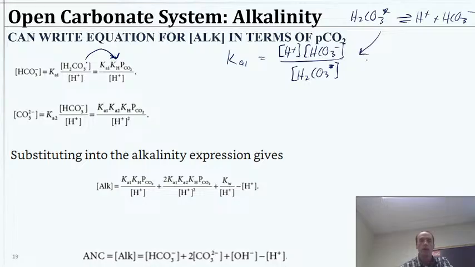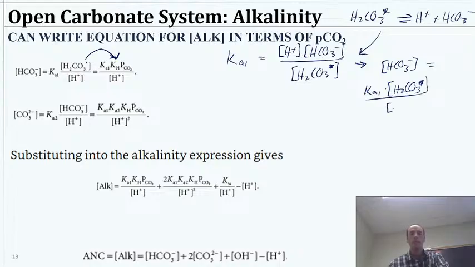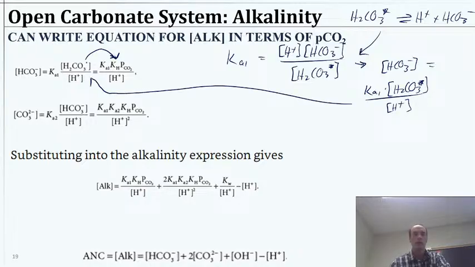So we're describing it there, and we rearrange to solve for HCO3 minus. We can do that simply by dividing both sides by H plus and multiplying both sides by the H2CO3. So we'll get Ka1 times H2CO3 star divided by H plus. That's where we got this part.